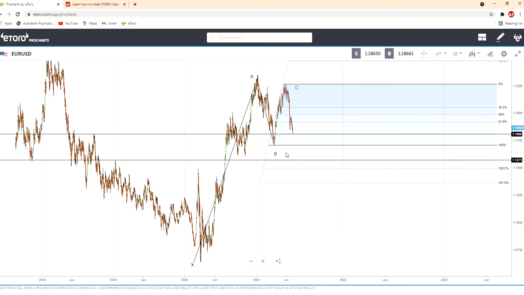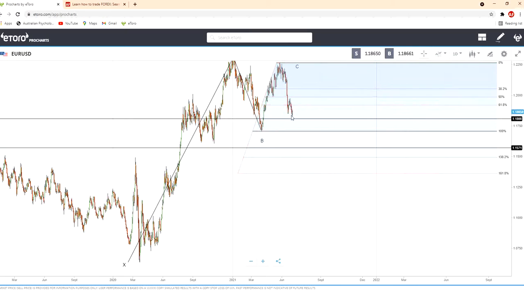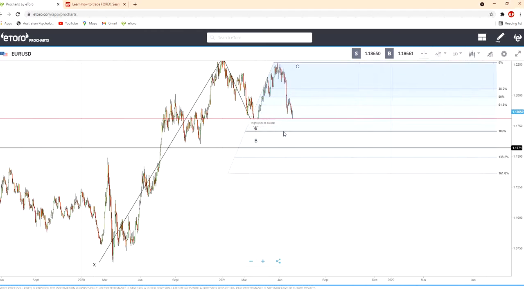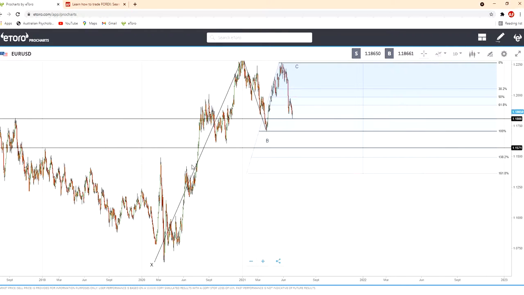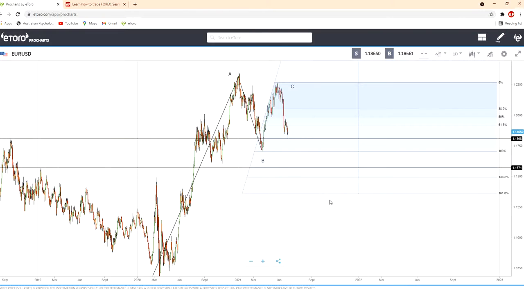Then in this area, if the price enters into this area, you can place a buy position. But how you do that, just use other indicators.